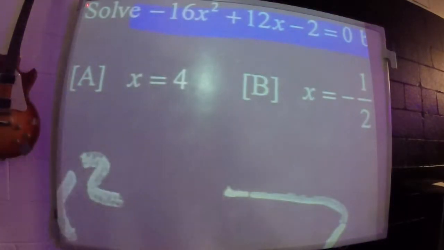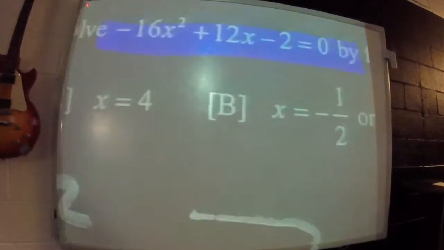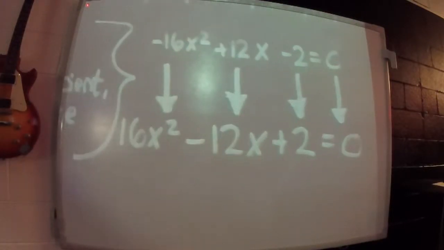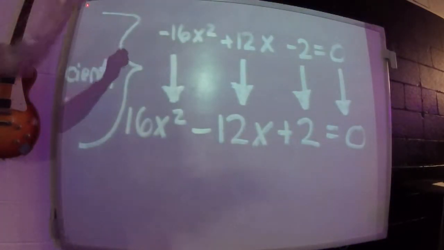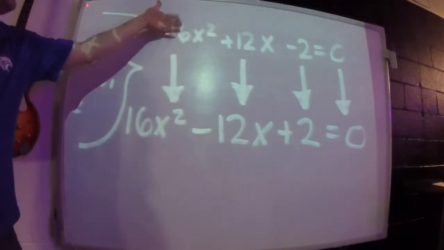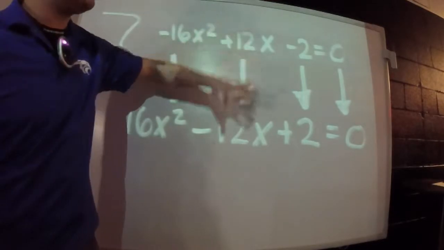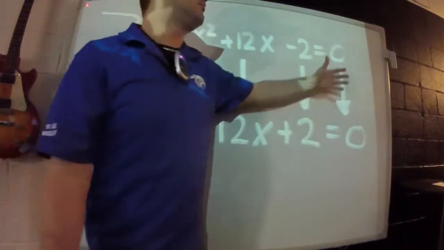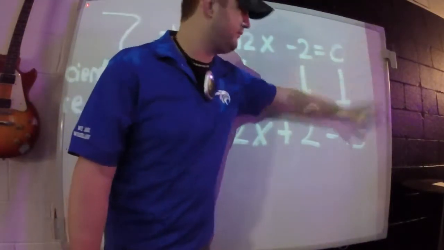The negative. Now I can fix this negative problem, something that we talked about way back in Algebra 1. Just flipping all the signs? Yeah. If you multiply every piece of an equation by -1, you can flip it. So this becomes 16, this becomes -12, this becomes +2, and technically, if I multiply 0 by -1, it's still 0.